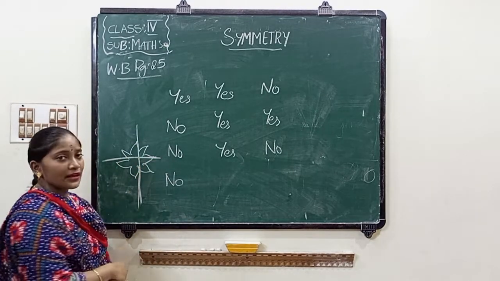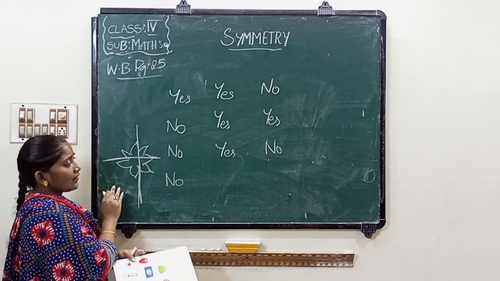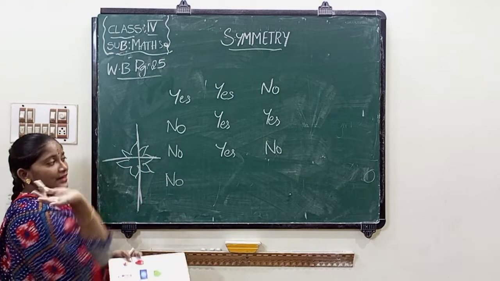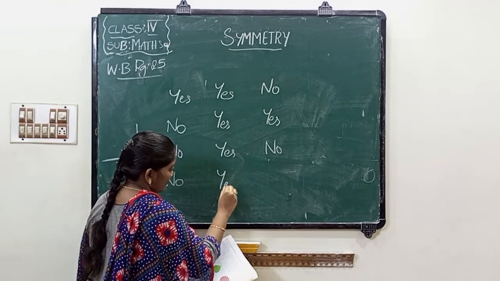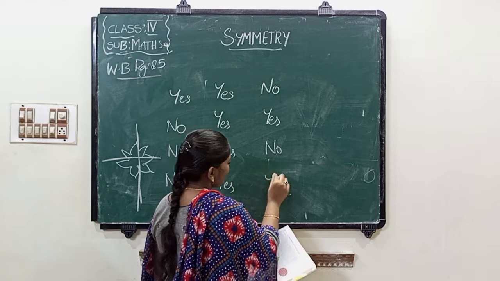If I draw a line of symmetry like this, it may not be equal. If I draw a line of symmetry like this, it's equal. It's a girl. Yes. Fountain. Yes.